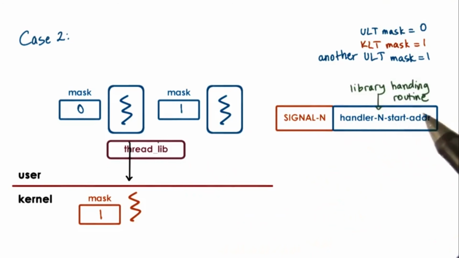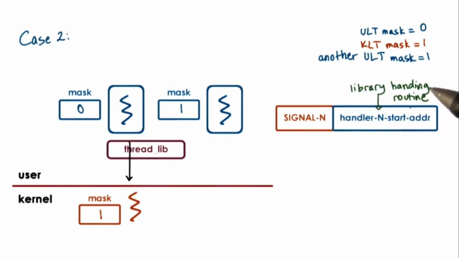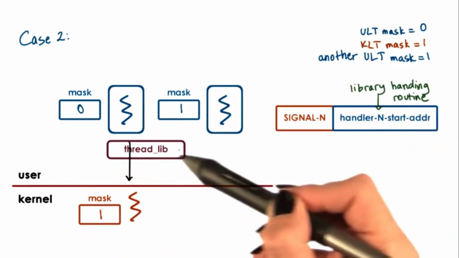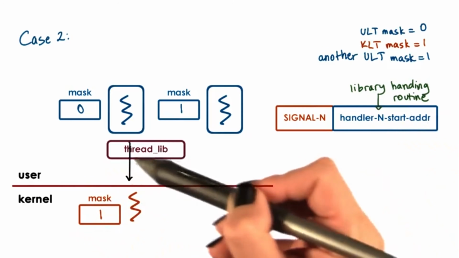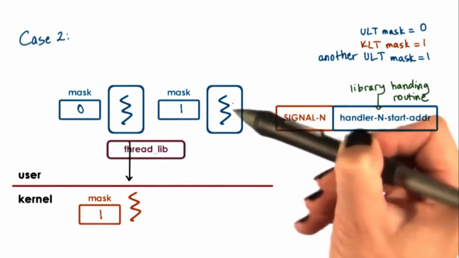So then one easy thing that we can do is, for all the signals in the system, we can have a special library routine that will basically wrap the signal handling routine. So when a signal occurs, we start executing the library provided handler. That library provided handler can see all of the masks of the user level threads.